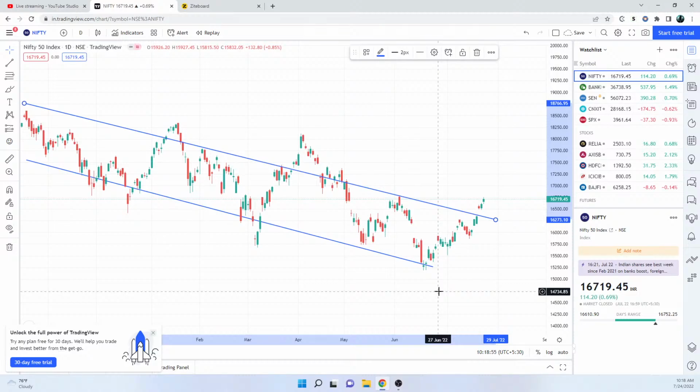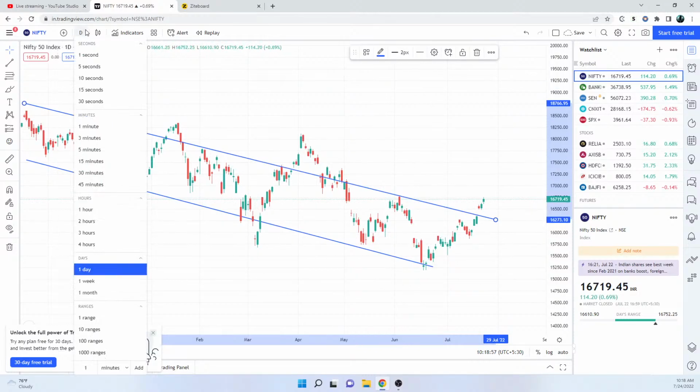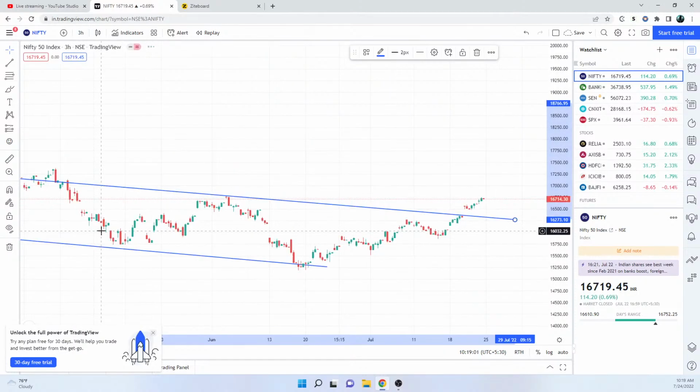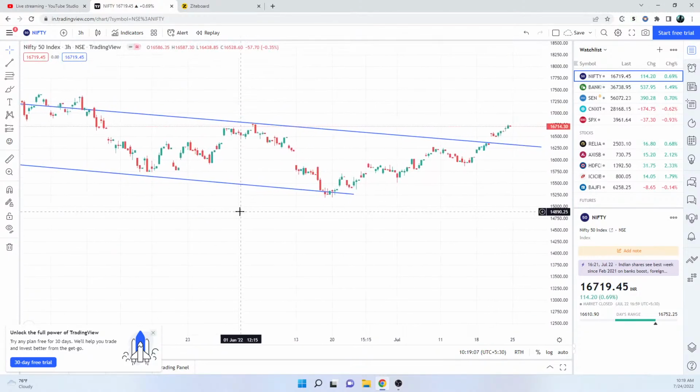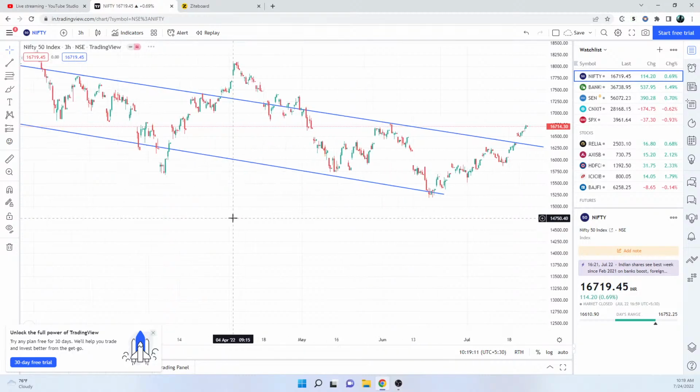If I make it more granular, I can go to, let's say, 3 hours. This is the Nifty chart on a 3 hour time frame. You can see that our line got a bit elongated because the 1 day time frame went into 3 hours, so the number of candles increased.